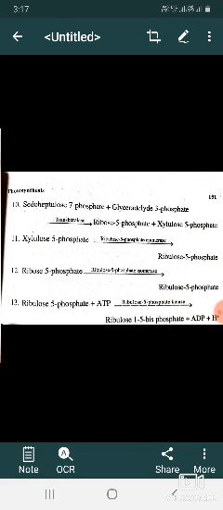So these reactions of the Calvin cycle cannot take place in the dark.